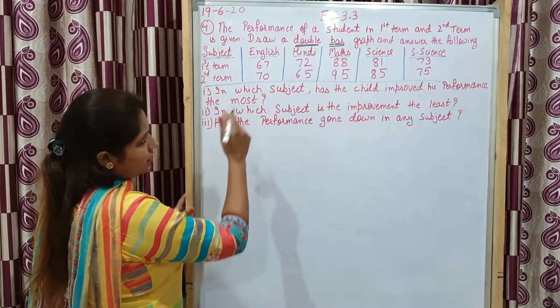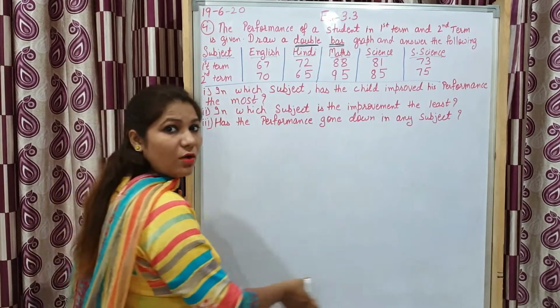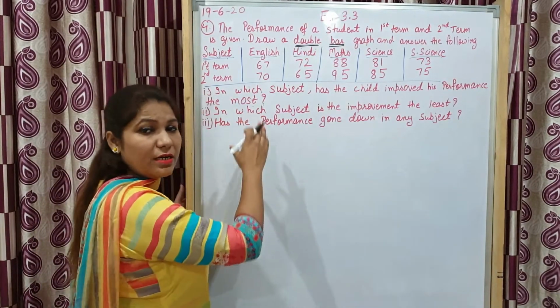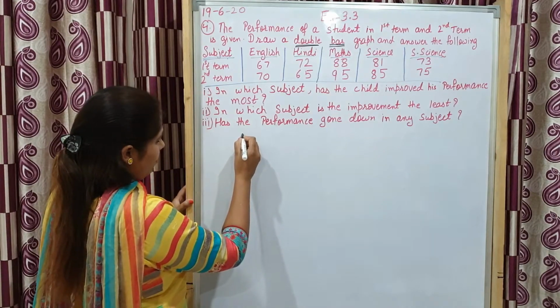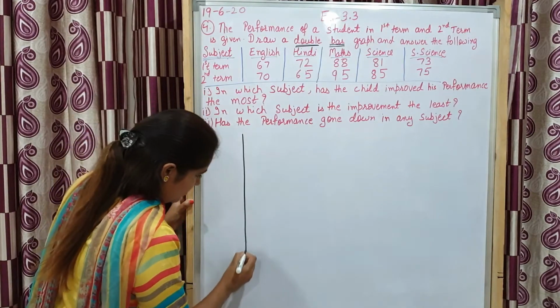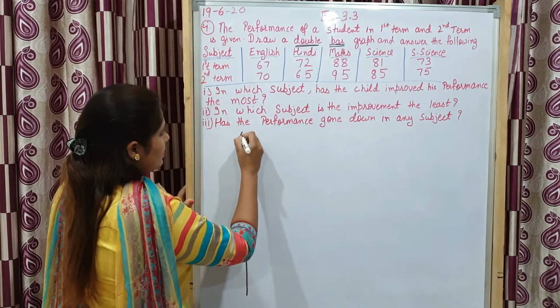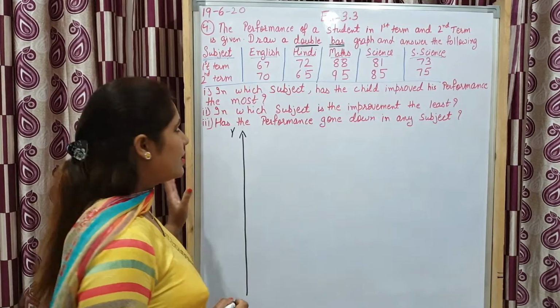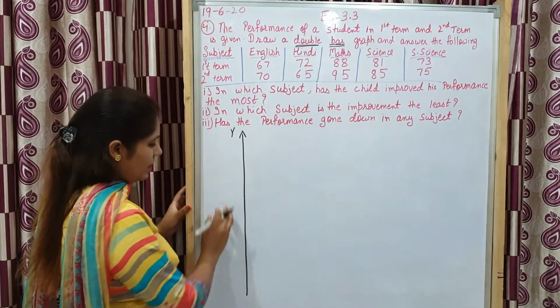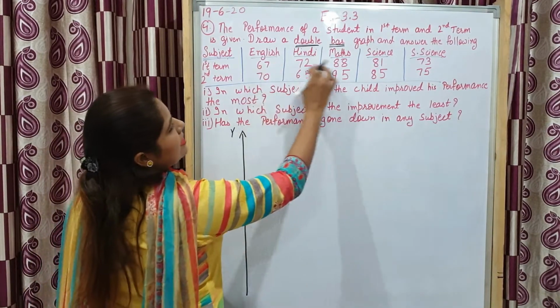See student, for the graph we need a horizontal line and a vertical line. So first I am going to draw the vertical line, which is the y-axis. That is why I have written y here. Now here I am going to write these numbers.